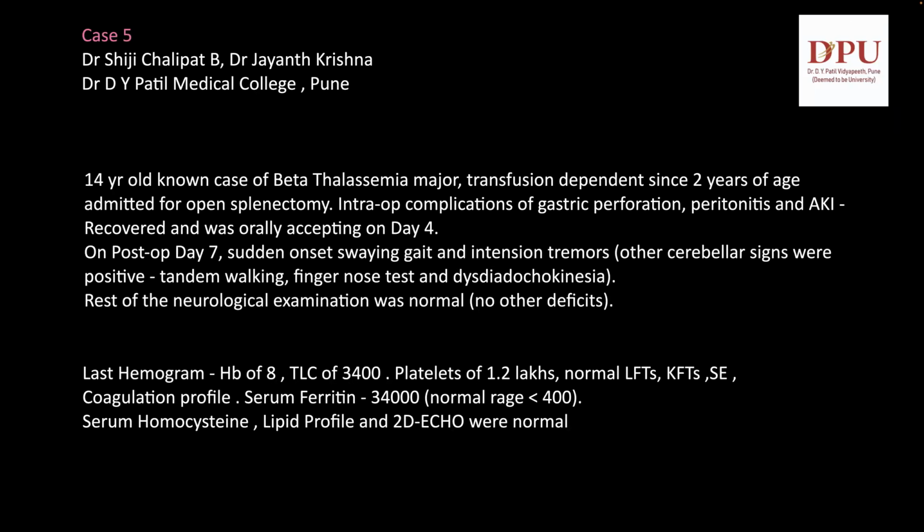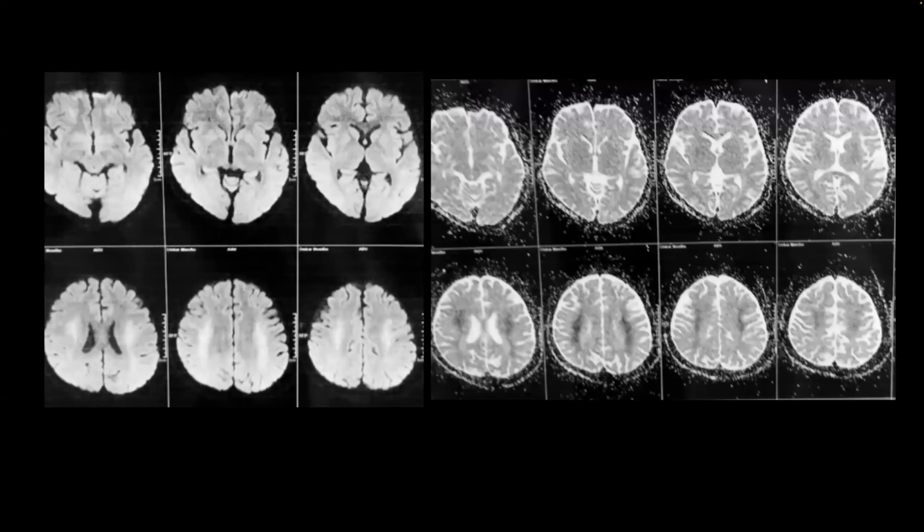The diffusion restriction in the white matter has also been described in cases of beta thal because of chronic ischemic changes, chronic hypoxia because of hemolytic disease. But we were not sure about the beading. The beading is fine, but the white matter changes are more acute, rather than chronic. It looks like something related to a metabolic derangement, but I'm not sure of the exact cause.